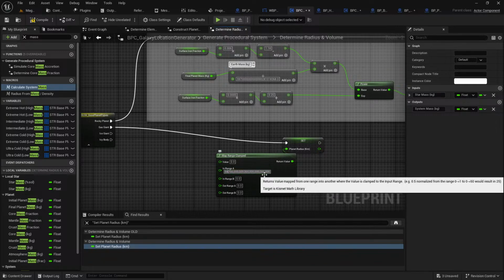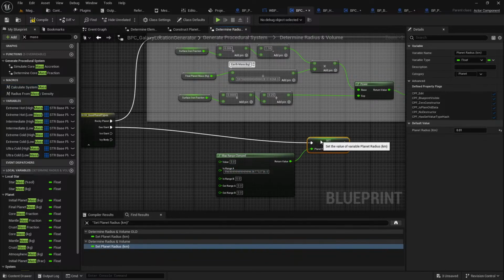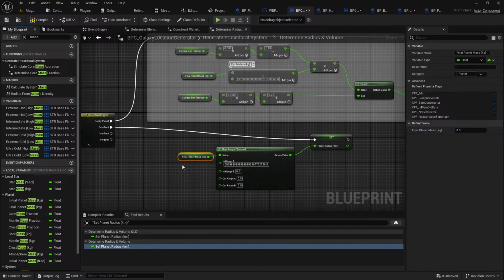So that's our minimum value. It's going to be slightly weird because it's going to have floating point errors despite being a double. And then we want our final planet mass.